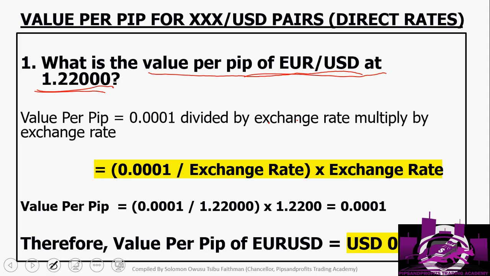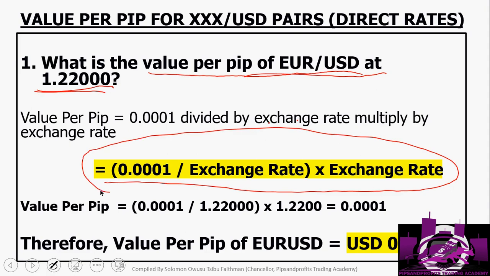So we have our formula to be this. All that we need to do is that this 1.22000 becomes our exchange rate.